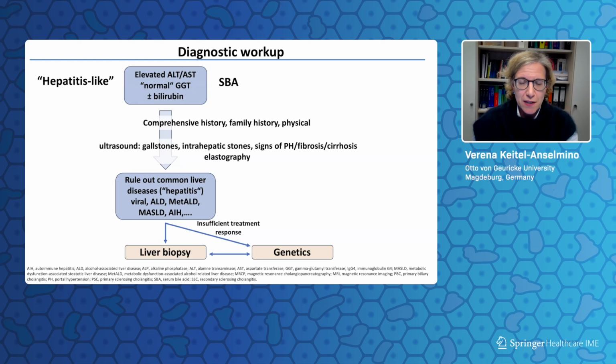If we then don't find an answer, we continue to go onto liver biopsy, and I always go onto genetics at this time point. And I also think about genetics if I have a patient with insufficient treatment response where I thought I had the correct diagnosis, but then it gets somehow unexpected.